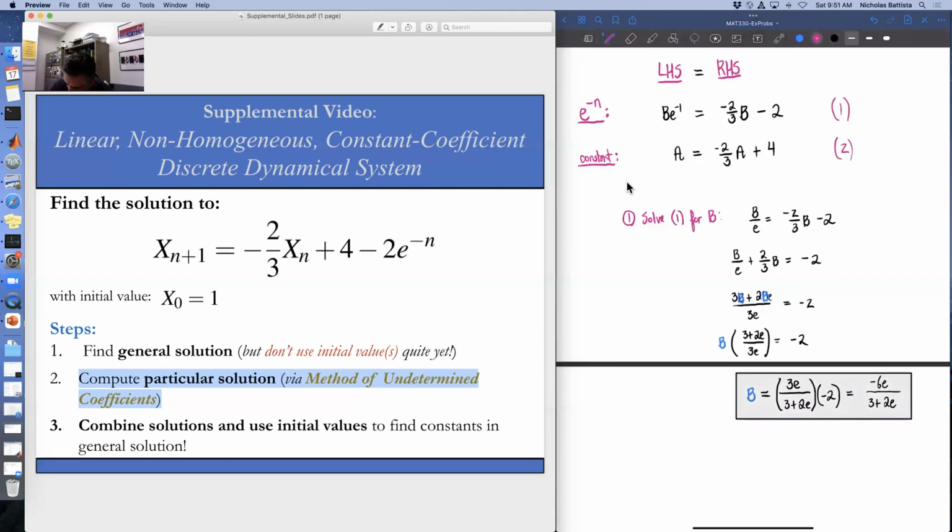Next, we can figure out from the second equation, number 2, solve the second equation for a. So we have a is equal to minus 2 over 3 a plus 4.